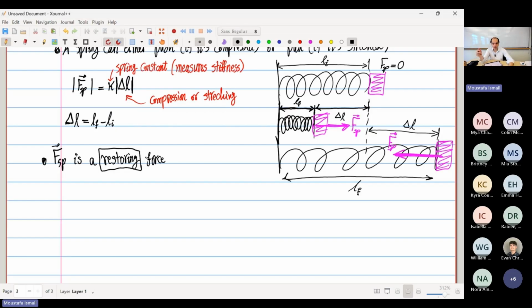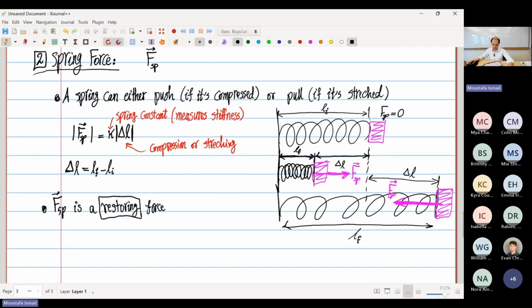Even a piece of wood, if you try to bend it, it also tries to get back to its equilibrium position. What makes these objects different is the stiffness or the spring constant. So pretty much everything in the world can be treated as a spring depending on the spring constant. Okay, good.